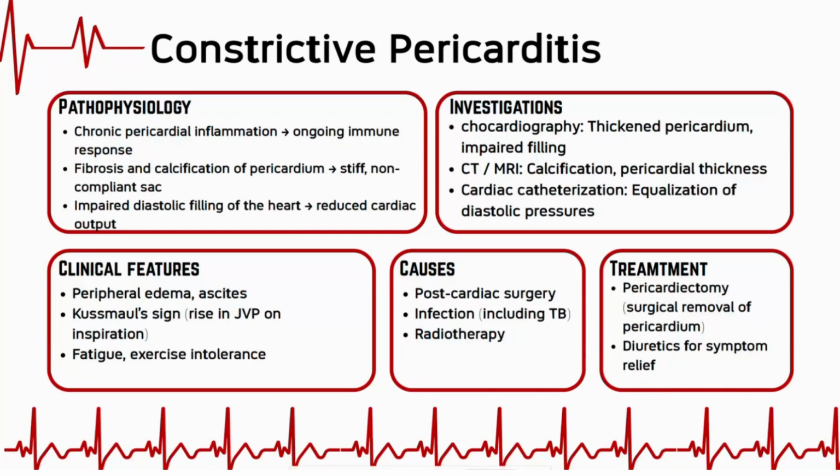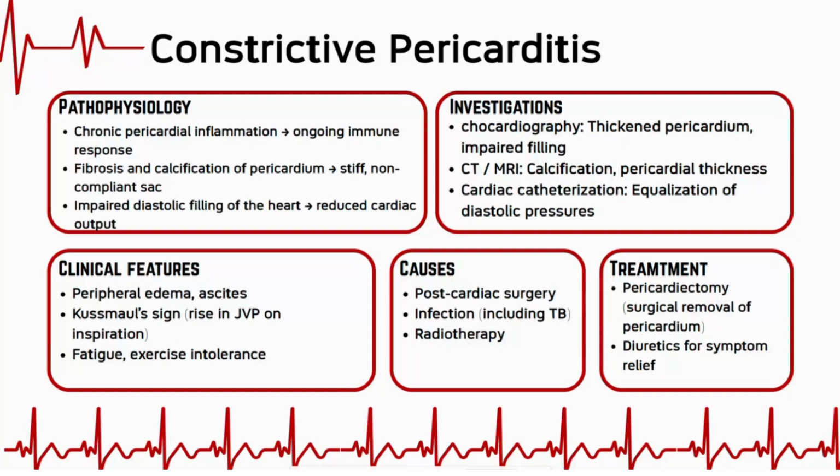If you have reduced cardiac output, there's less oxygen reaching tissues according to the metabolic demand of the tissue. So this increases the chance that we can go into shock, and increases the chance of going into, say, multiple organ failure or even death. So this is why constrictive pericarditis can actually be quite dangerous.